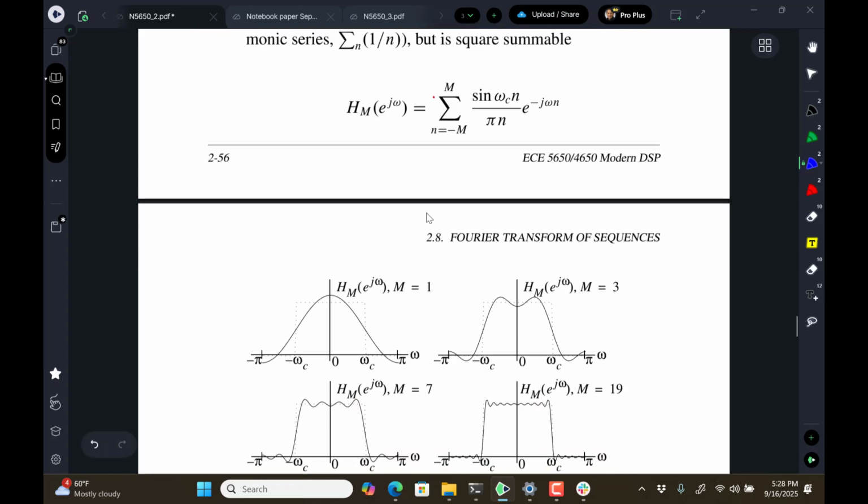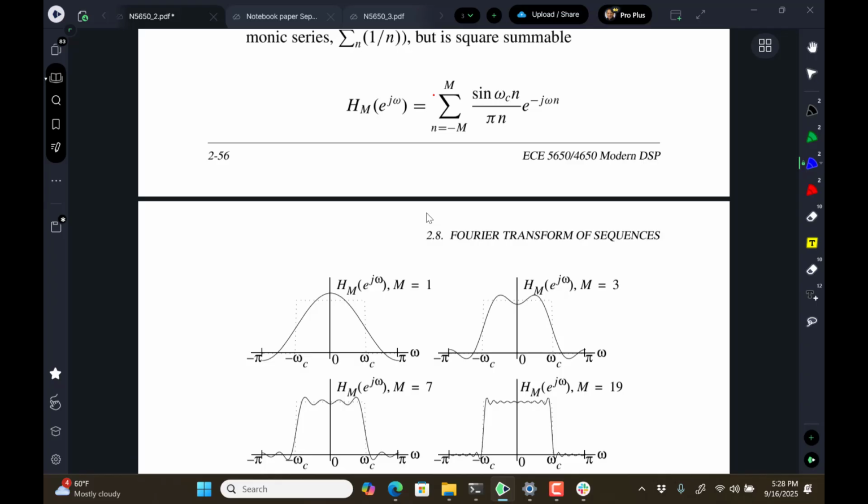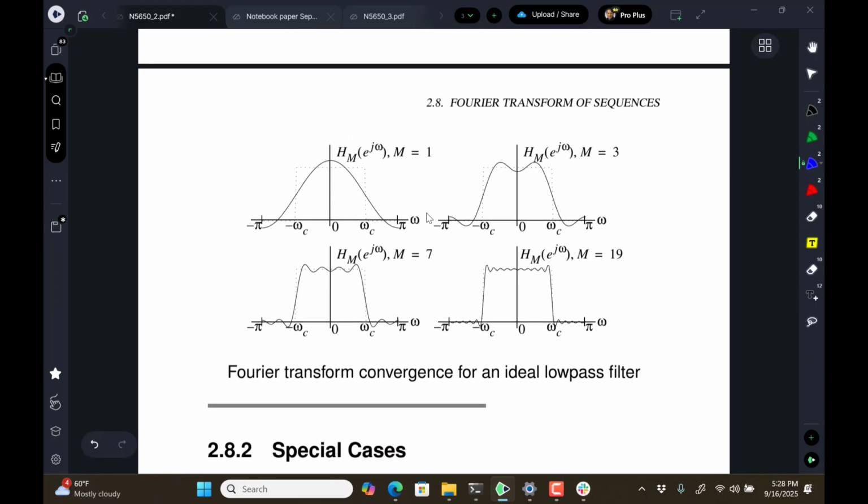If you look at what this function looks like and plot it out as m gets bigger and bigger, trying to approximate this ideal low-pass filter, you see that you're getting something that looks more like a low-pass filter, but the ripple here and the ripple over here are the same.